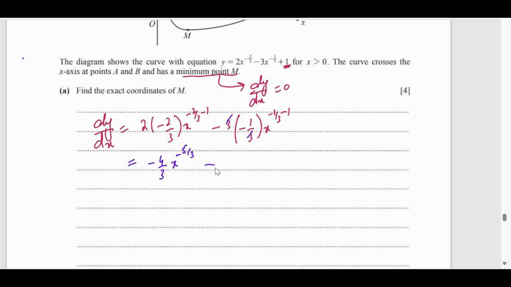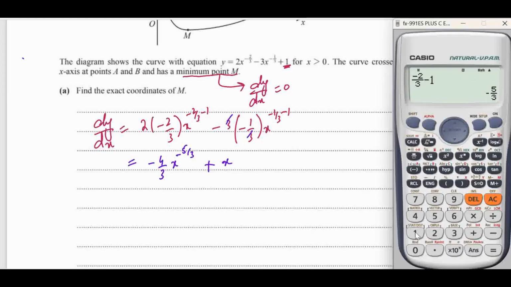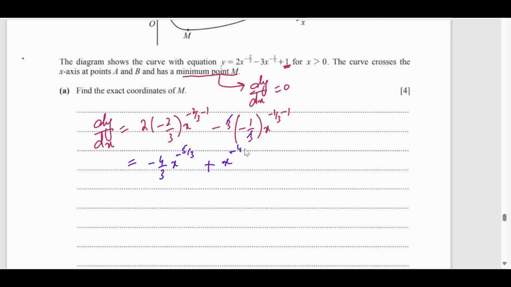For the other term, we can cancel out these two, so this will be plus x power minus 1 by 3 minus 1, which equals minus 4 by 3. Now as we know that at the minimum point the differentiation will be equal to 0, just replace dy by dx with 0.